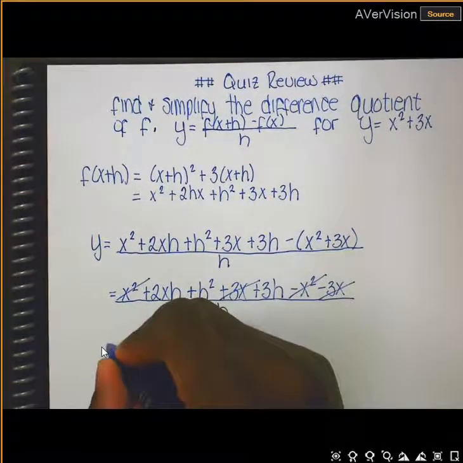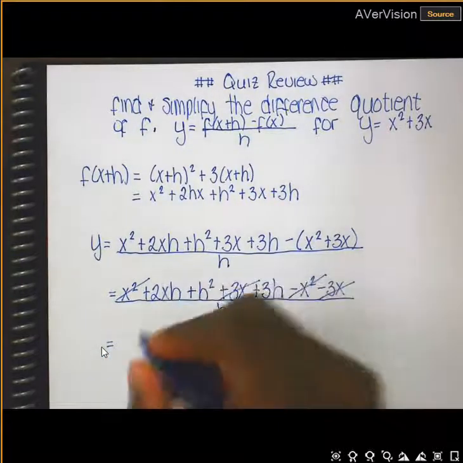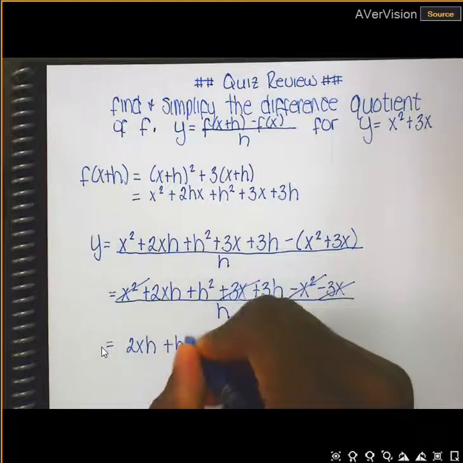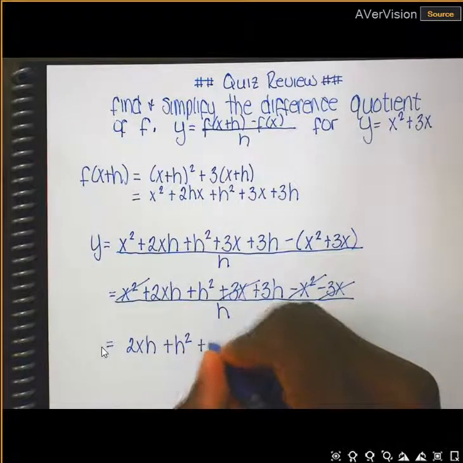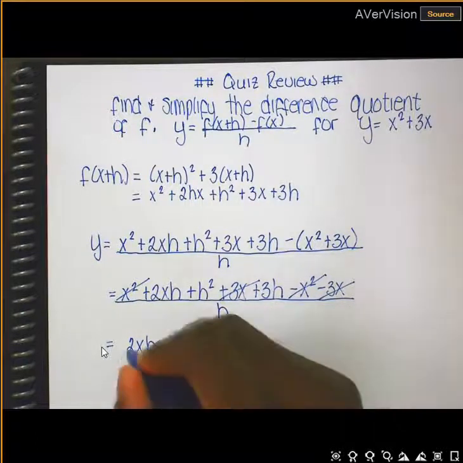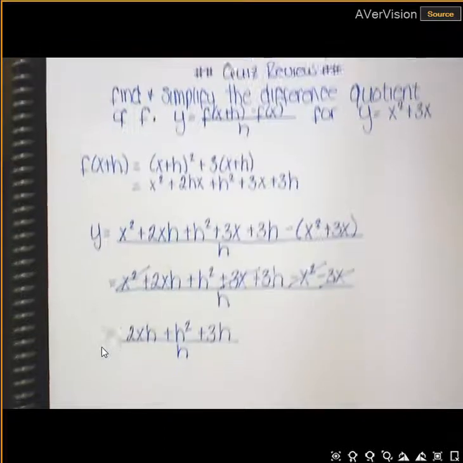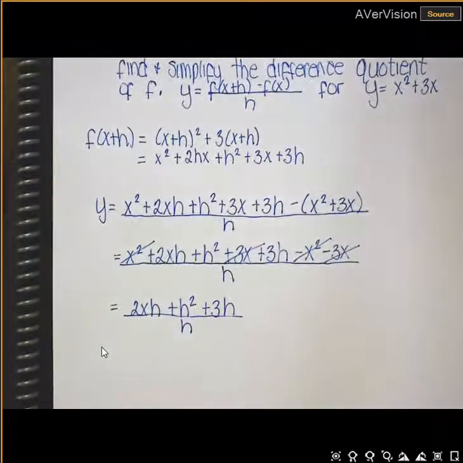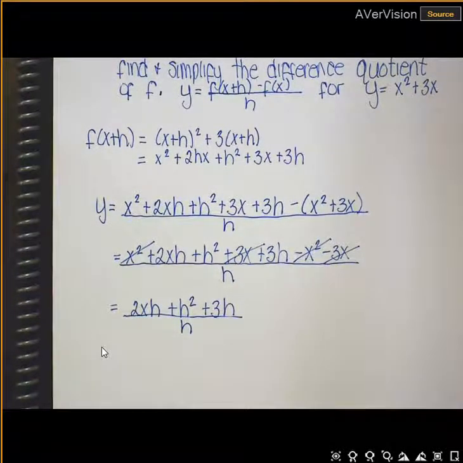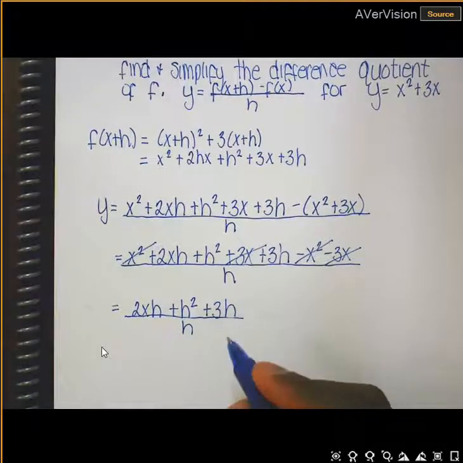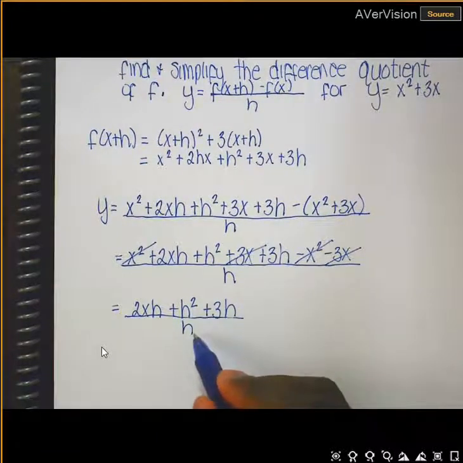All right, so after we get rid of those, we're left with 2xh plus h squared plus 3h, all divided by h. Each term in the numerator has at least one h, and we have one h in the denominator.